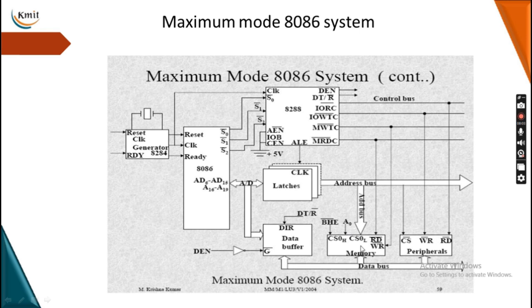It will select an odd bank or even bank, and depending upon that, take the address and take the data depending upon what address is latched, and store it into the data buffer. Depending upon peripherals you can go for write or read operation from the memory and the IO. This is how your maximum mode 8086 system works. This is the simple diagram which we can understand by its operation.